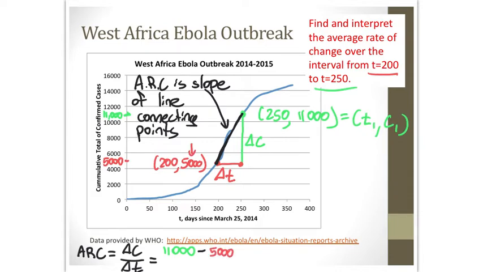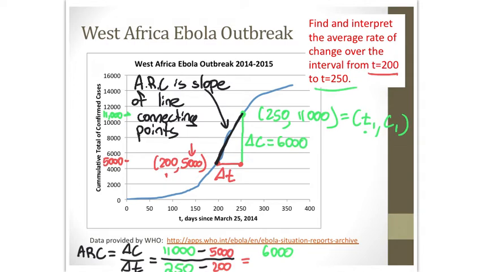So on the numerator, notice I have change in cases. And then in the denominator, we're going to take a look at the corresponding change in time. So here I start with the same point, the end point, and that had a t-value of 250. And then the t-value of the initial point was at 200. So taking the difference on top, this gives us a change of 6,000 cases. So overall, the total change in cases was about 6,000.